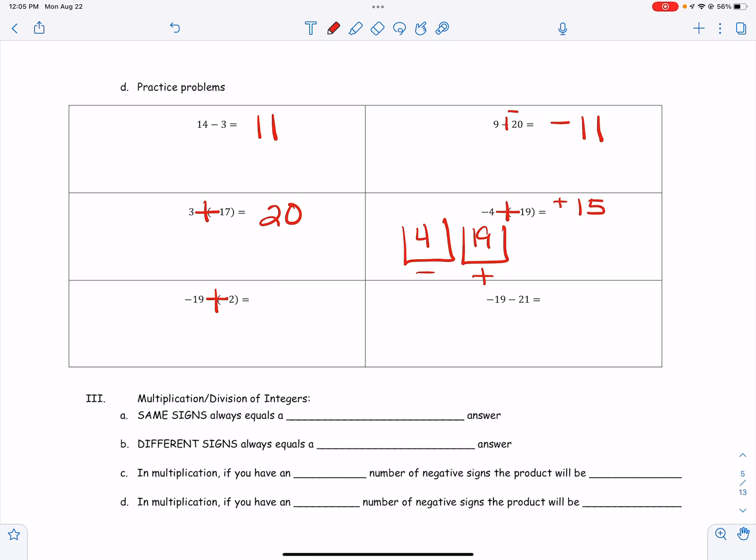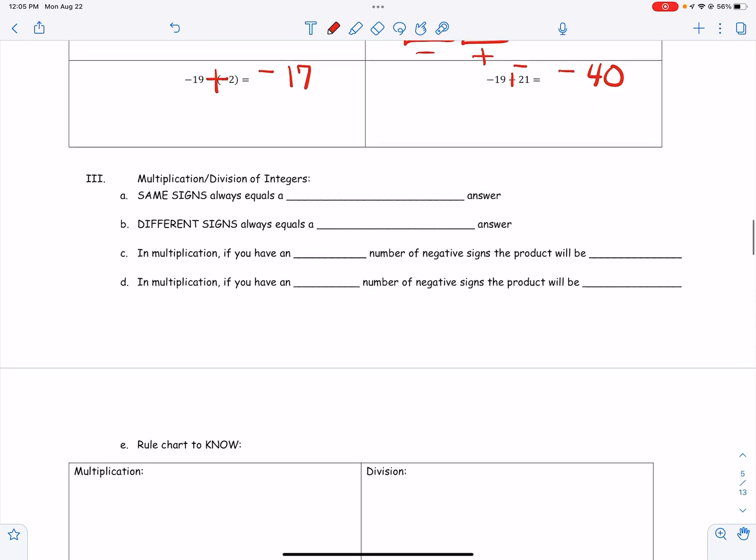Negative 19 and positive 2, that makes negative 17. This becomes plus a negative, so now I've got two negative numbers that I'm going to sum because they're in the same bucket, and that makes it negative 40, okay?